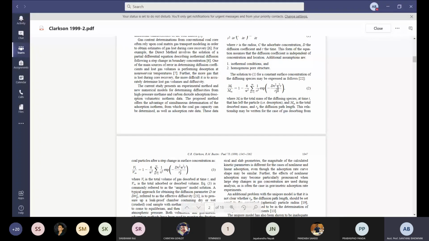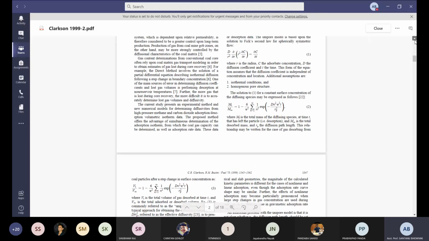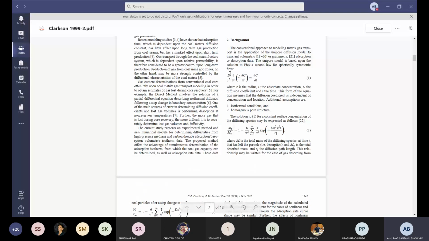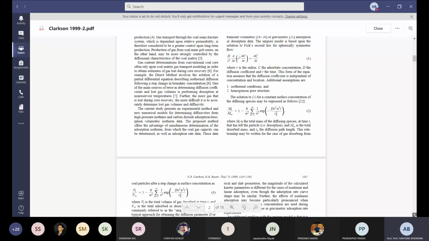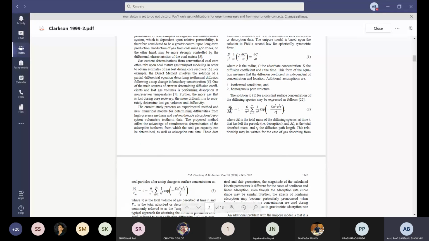Here you can see the fundamental partial differential equation for diffusion, with the term of diffusivity D by R squared. C is the concentration, t is the time, and R is the radius of the particles, how much it is going to travel. Then this equation 2 is expressed as Mt by M infinity.